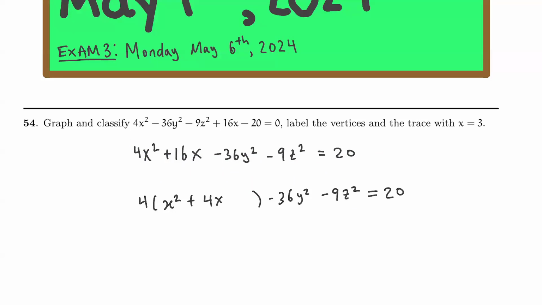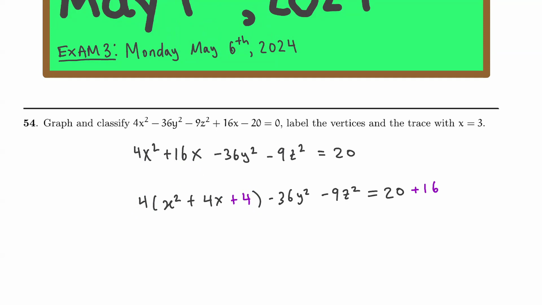So now I can complete the square. In that blank space, I divide the 4 by 2, which is 2, and 2 squared is 4, so I add 4 here. But in reality, I'm adding 4 times 4, which is 16, on the left-hand side of the equation, so I have to add 16 on the right side as well.